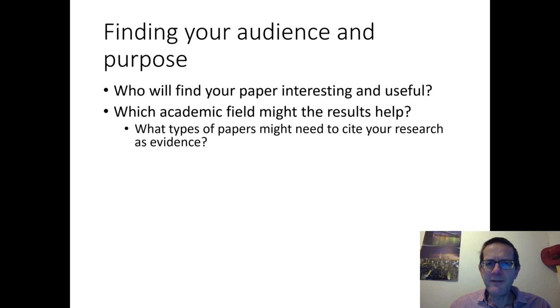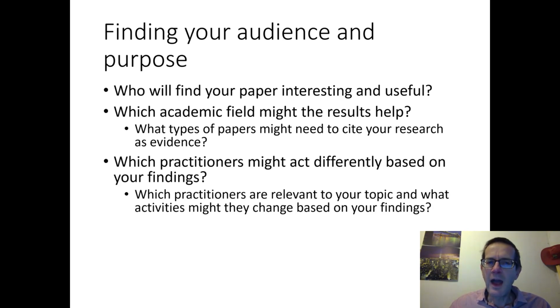And particularly for journal publishing, you need to think about which academic field your results could help. So what kinds of papers might need to cite your research as evidence, or what kinds of papers is your study relevant to, so they might want to mention your research.